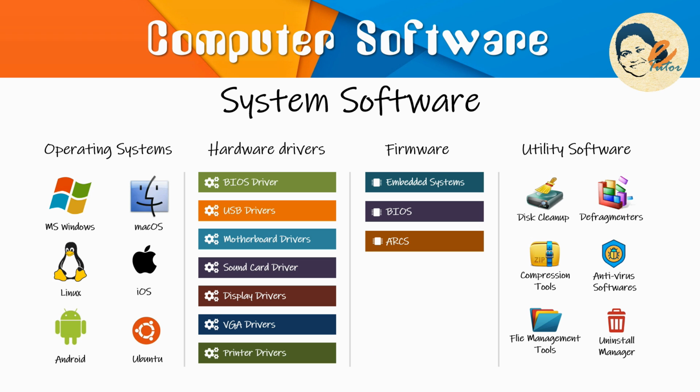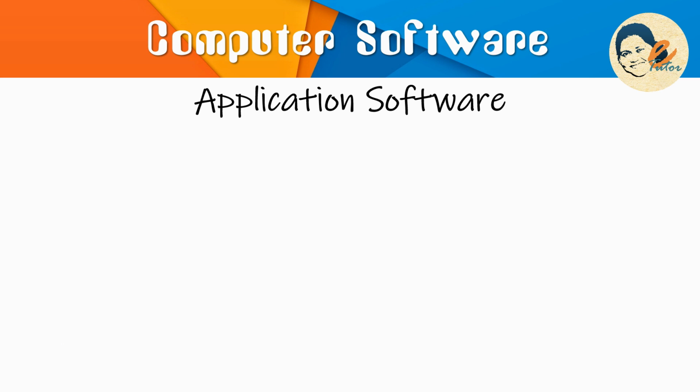Utility software is designed to help to configure, analyze, optimize, or maintain a computer. Software like disk cleanup, defragmenters, compression tools, antivirus software, file management tools, uninstall manager, etc. are the utility software.